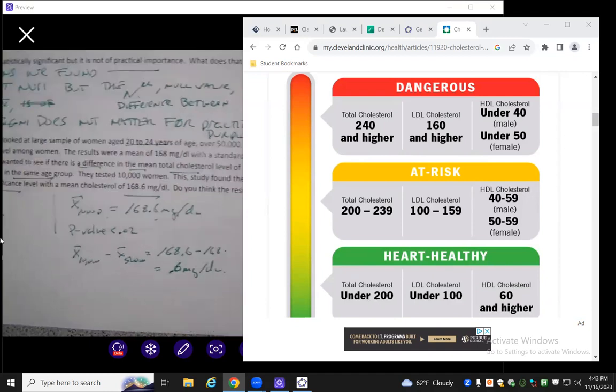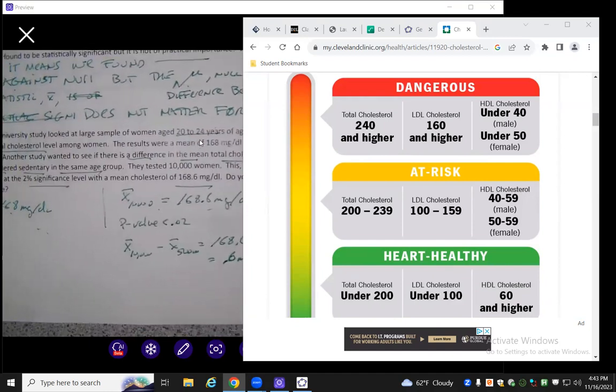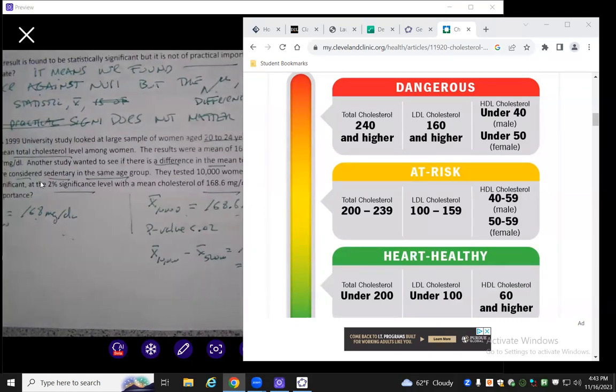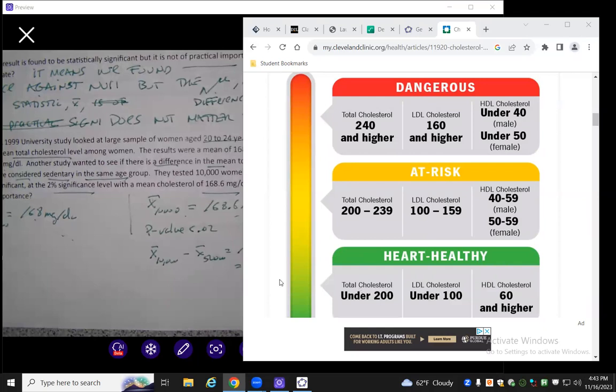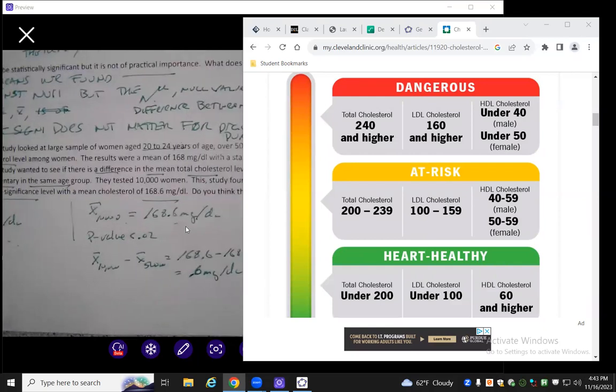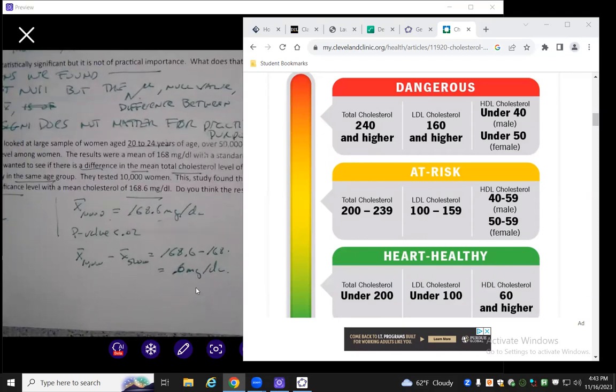So it turns out that women in this age group with a cholesterol of 168, well, that's great, a healthy heart. What about those sedentary women in that same age group? Slightly higher, but guess what? They're still at a healthy heart level too. So while there might be a difference, who cares? There's nothing important here.